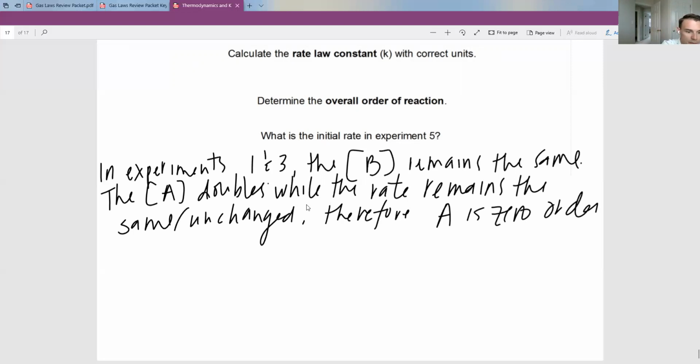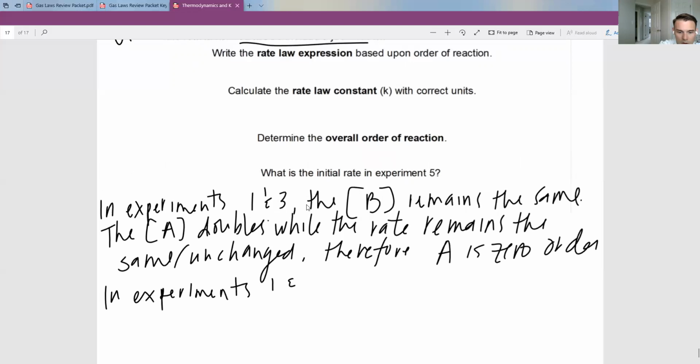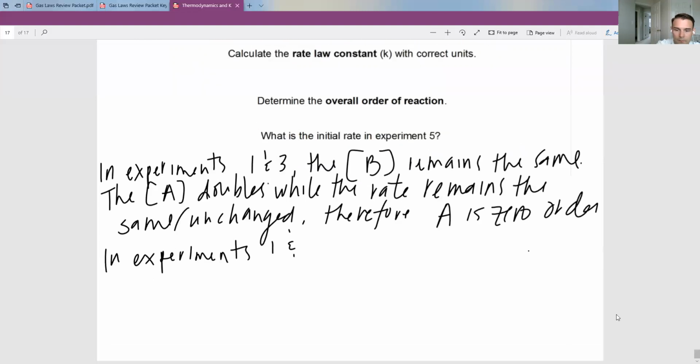Now for the other one. In experiments 1 and 4, again, the concentration of A remains the same.